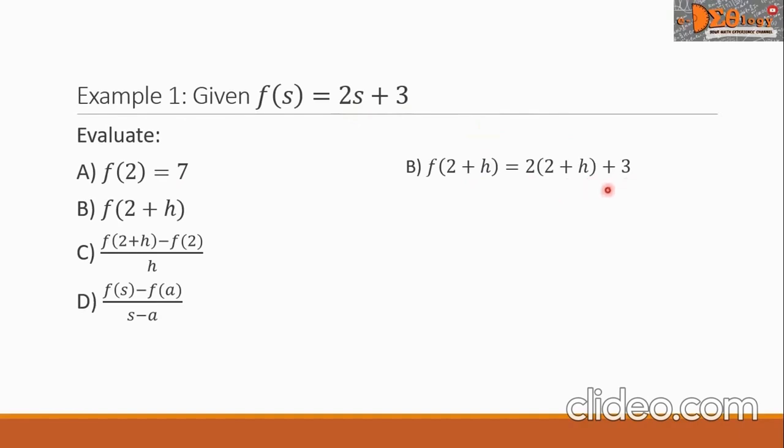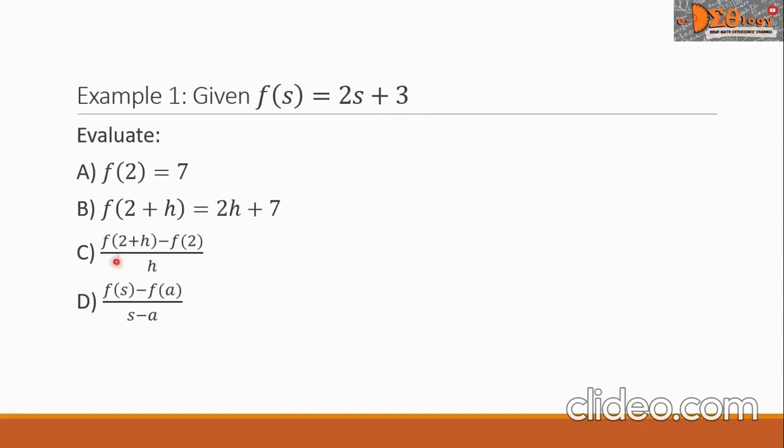Simplifying this, we have now 2 times 2 will be 4, and 2 times h is 2h, then plus 3. We will now add together 4 and 3. It becomes 7. So our final answer here is 2h plus 7. Then we simply copy the answer in here.